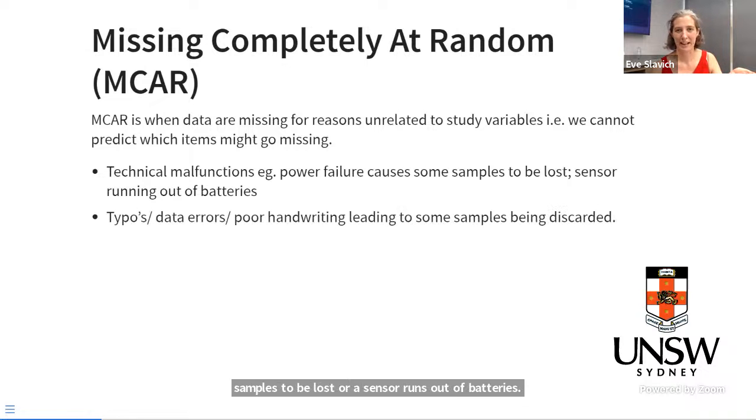It could be just bad handwriting, means that some values weren't transcribed into the final data set. Typos, you know it's wrong because it's got 5 more zeros than it's supposed to, but you don't know what it's supposed to be. And there's a lot of reasons why you can get missing completely at random data.